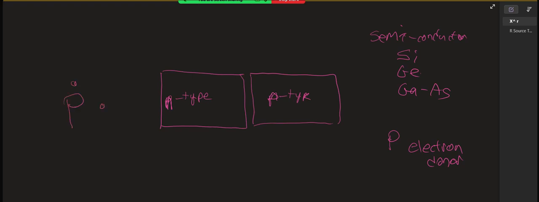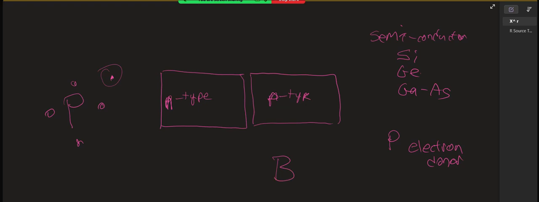So it has 4 electrons that it's going to be using to make bonds with the silicons on either side, but it's got 5 electrons, so that extra electron is free to move. And so that's why it's an electron donor. But it doesn't mean that it's negatively charged. It's just that this electron is now moving around.